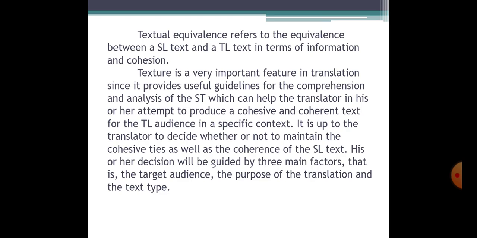Textual equivalence refers to the equivalence between a source language text and a target language text in terms of information and cohesion.